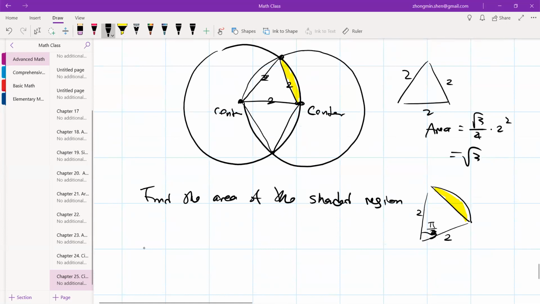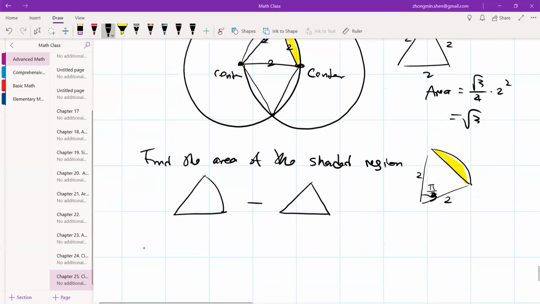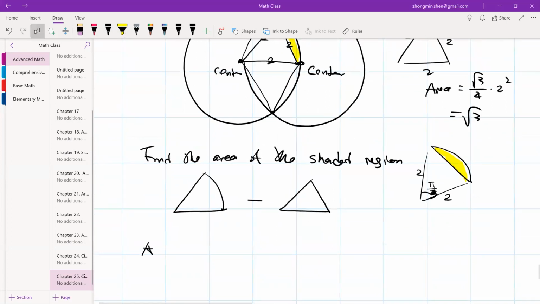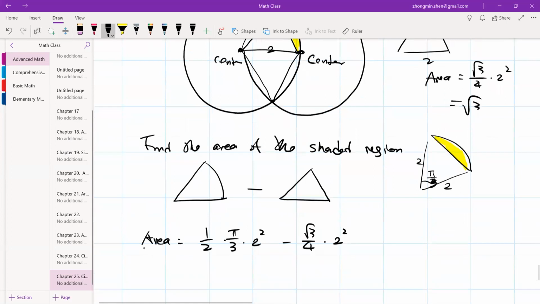Well, basically, you just need to find the area of this sector minus the area of this triangle, right? That's it. So the area is going to be the sector, half of pi over 3 times the radius squared, minus the area of the equilateral triangle, square root of 3 over 4 times 2 squared.